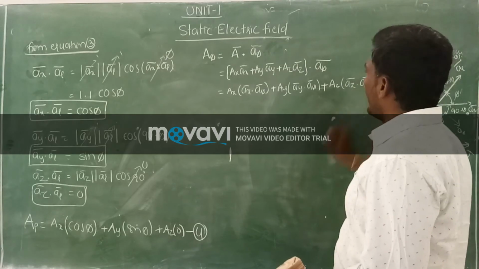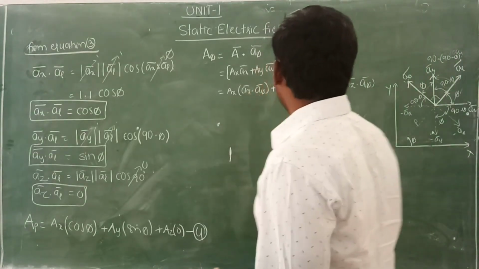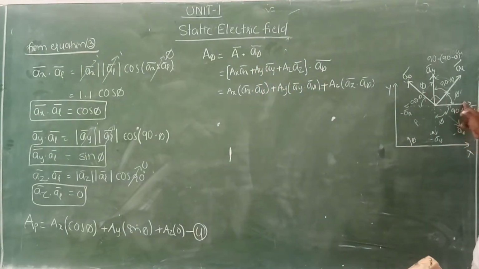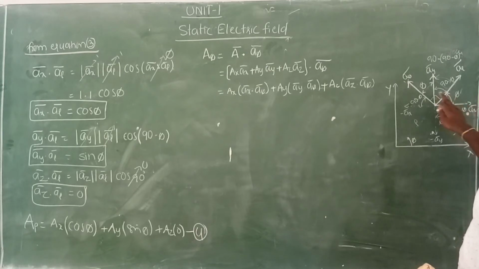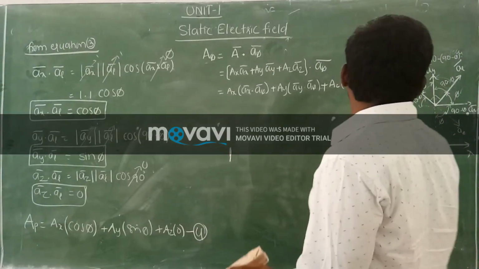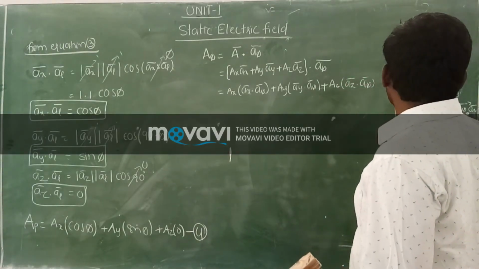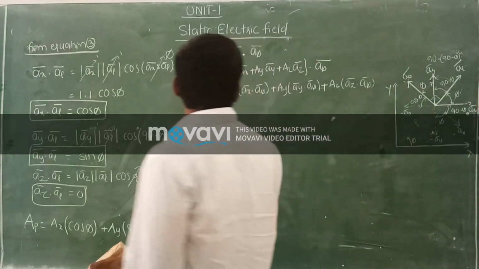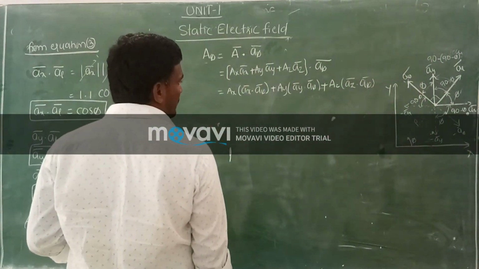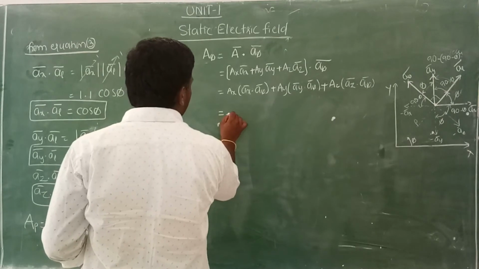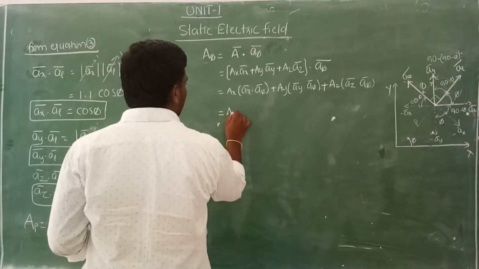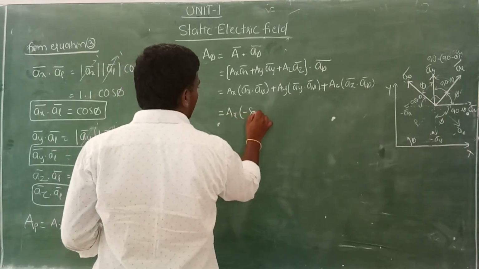Tell me the angle between a_x and a_phi. What is the angle between a_x and a_phi? It is 90 plus phi. Up to here it is 90, and then plus phi. So cos of 90 plus phi is minus sin phi. So A_x into minus sin phi.